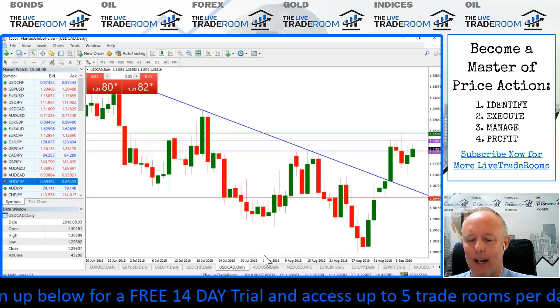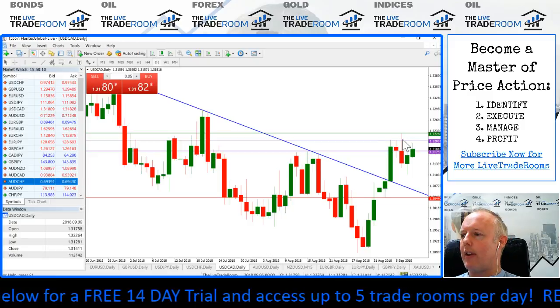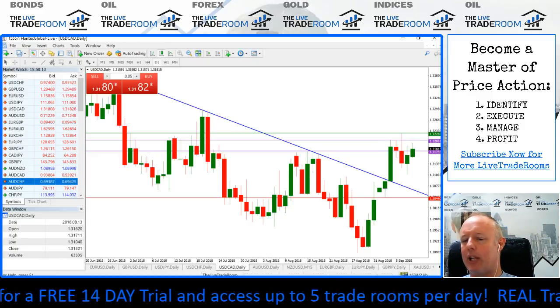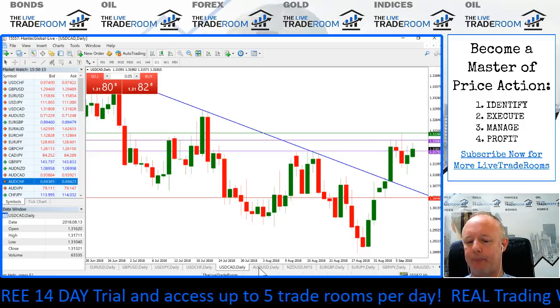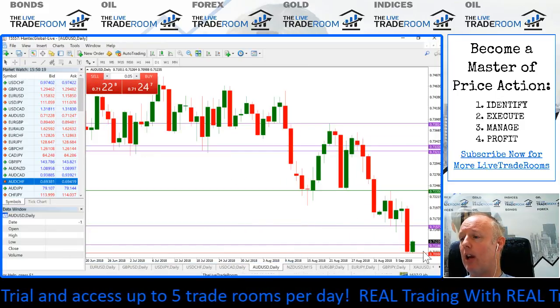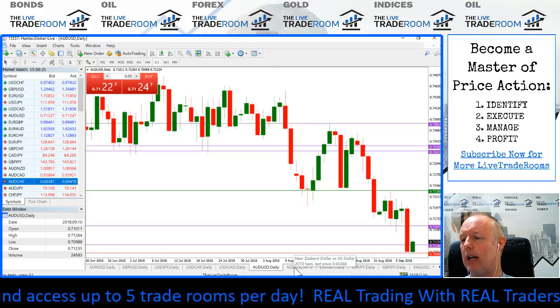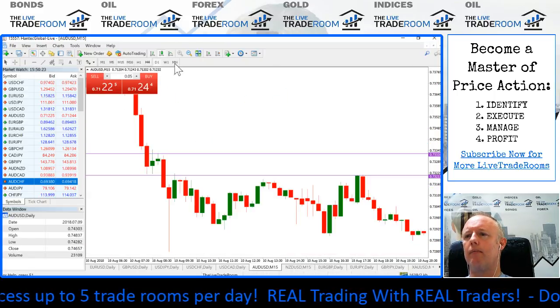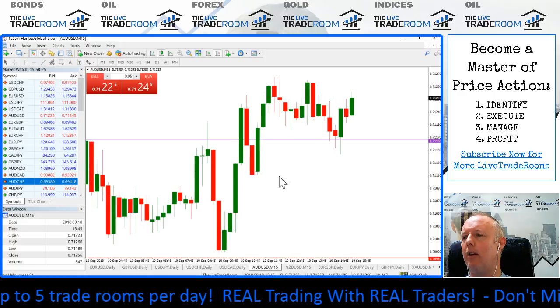Dollar CAD has strengthened a little bit, probably giving back just a little bit to the dollar now again. Aussie dollar bouncing off the lows. We'd expect that to potentially continue.